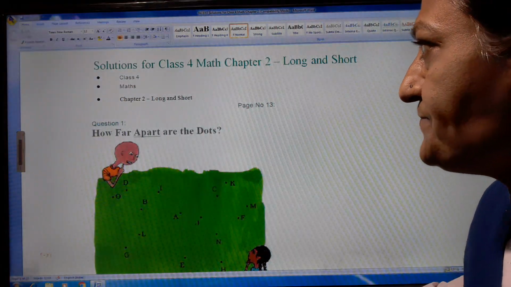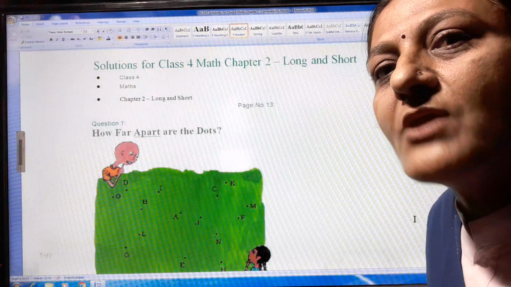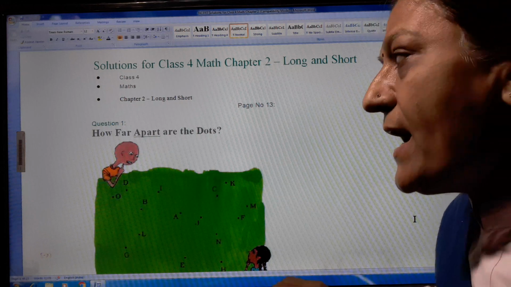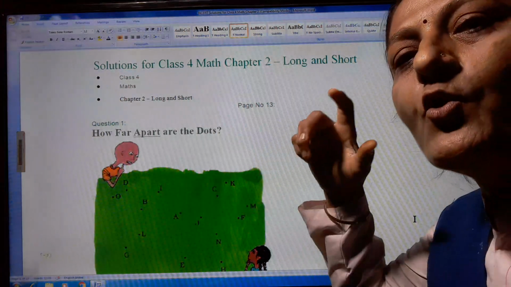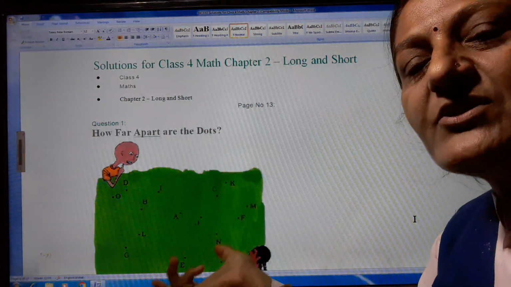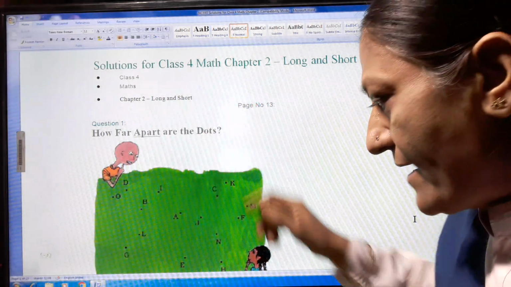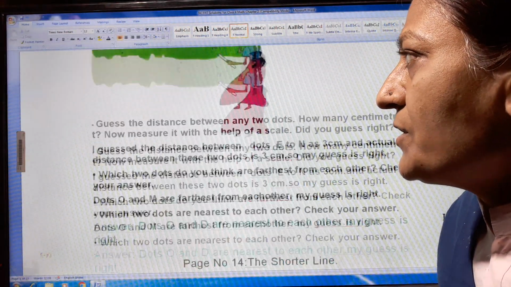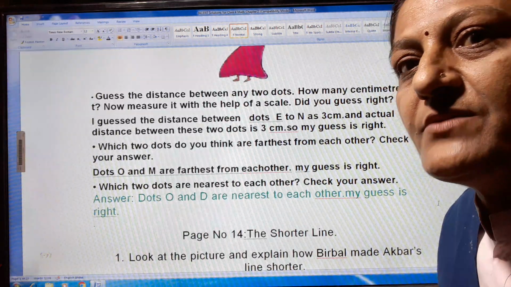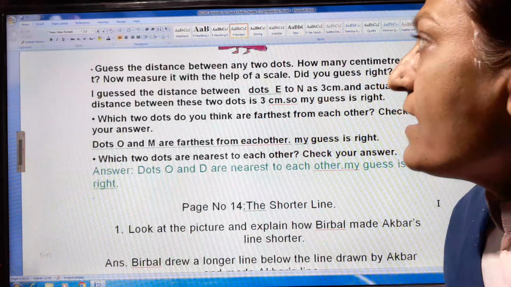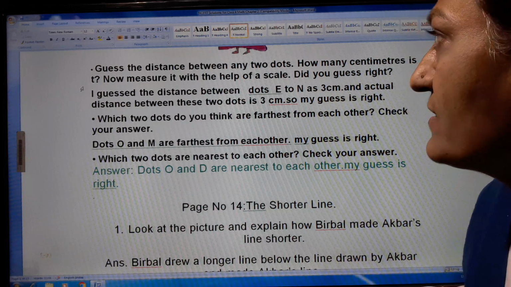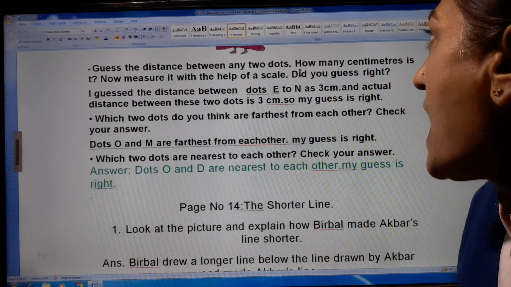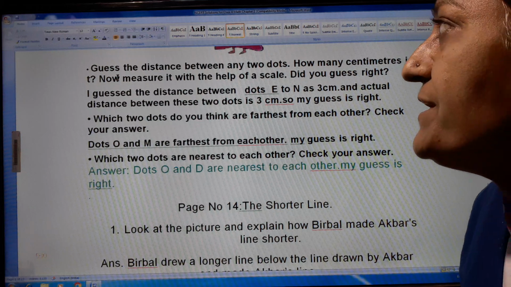First question, page number 13. One picture is given and dots are given. For the dots below the picture, some questions are there. Let us start. Here, the first question is given. Guess the distance between any two dots. How many centimeters is it?